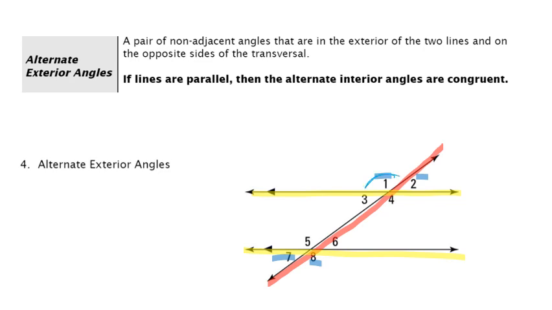So like this would be 1 and 8 and 2 and 7. So we're going to find that if lines are parallel, the alternate exterior angles are going to be the same. So if this is, let's say, 30 degrees, angle 7 is also 30 degrees.